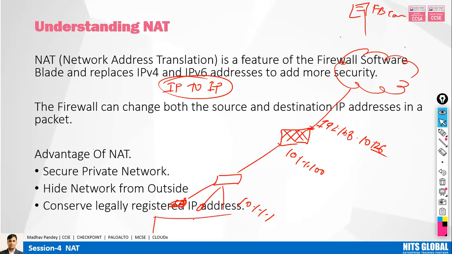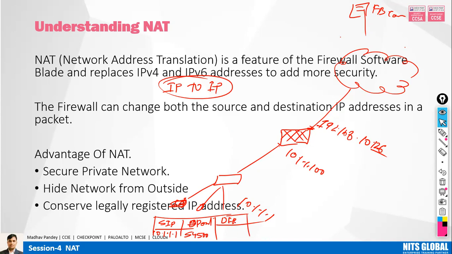You will have a source IP. What is your source IP address? This one, 10.1.1.1. Now you will also have a source port, so it will generate a port, let's say 54500.